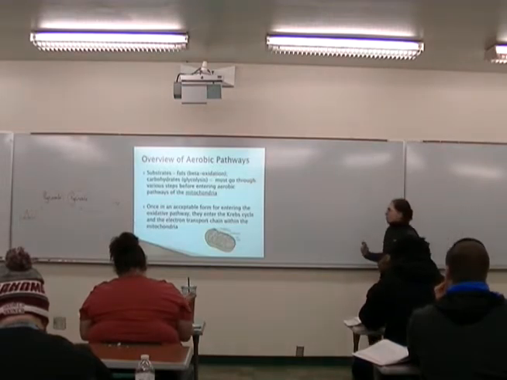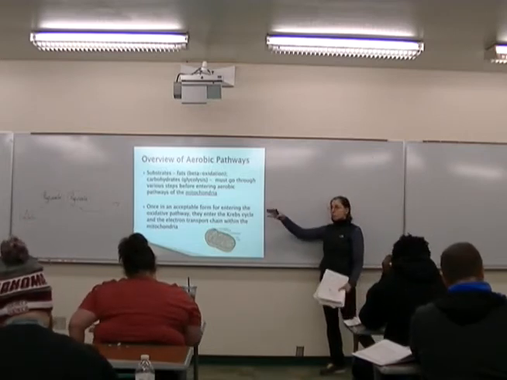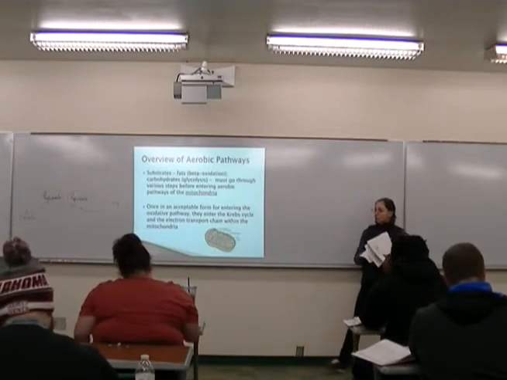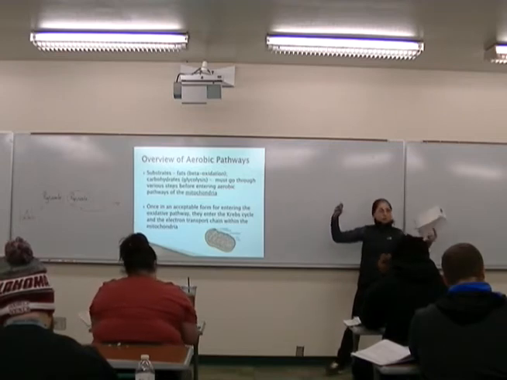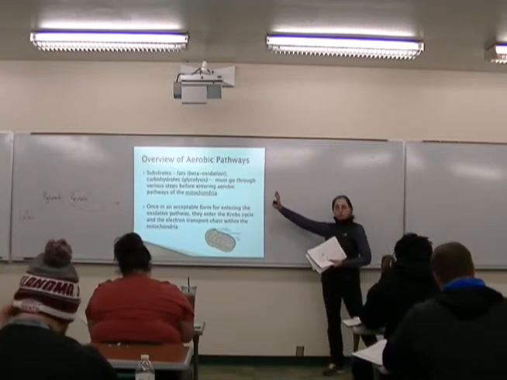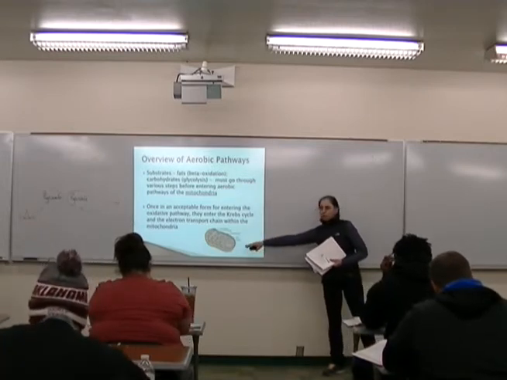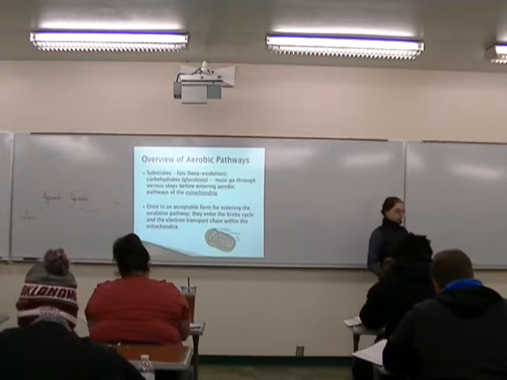Because it's where the majority of ATP is made. System 1 and System 2, that anaerobic metabolism, goes on in the sarcoplasm of the cell. System 3, Krebs and ETC, occurs in the mitochondria.